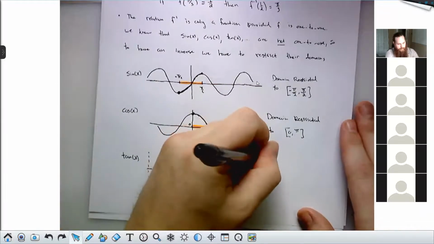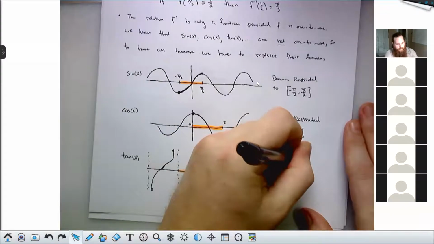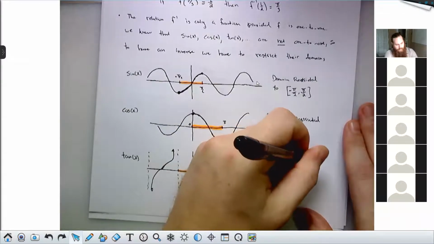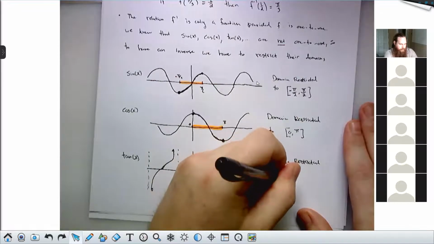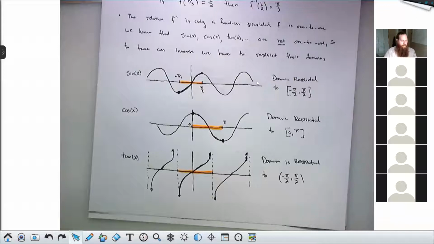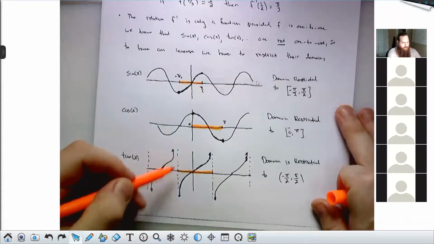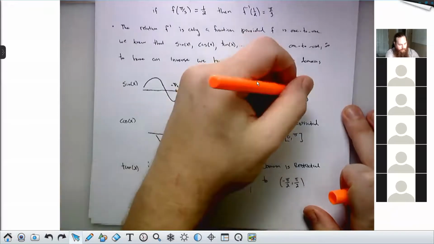So here the domain is restricted to the open interval negative pi over 2 to pi over 2, not including the endpoints because we have vertical asymptotes there. Okay.